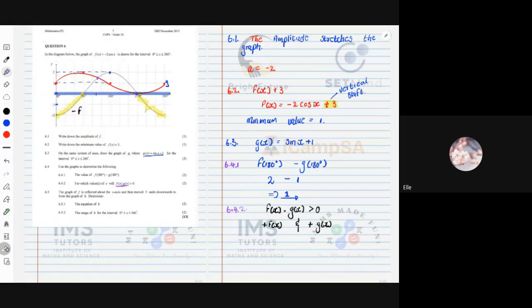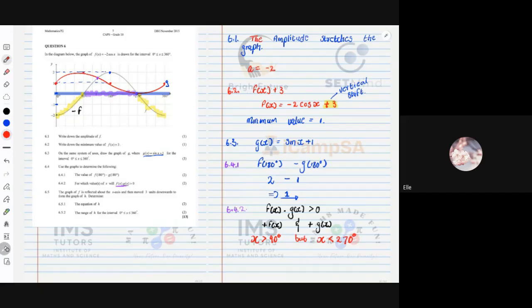So essentially, it's only going to be these values where x should be above 90 degrees, but x should be less than 270 degrees for this to be true.